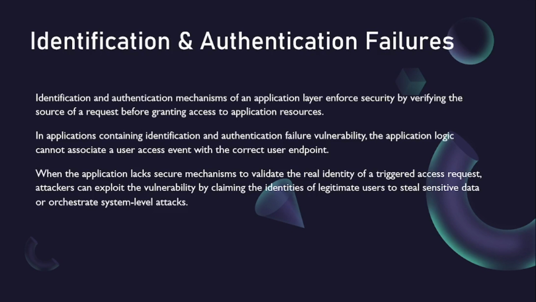Identification and authentication failures can have serious consequences, including the compromise of sensitive data and the loss of trust in the affected system. To prevent these vulnerabilities, it is important for organizations to implement robust identification and authentication mechanisms, including the use of strong passwords and secure authentication methods.